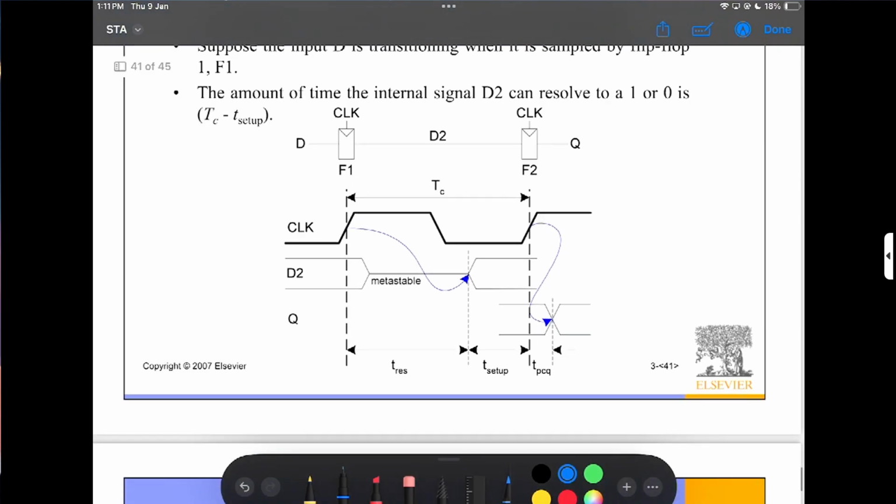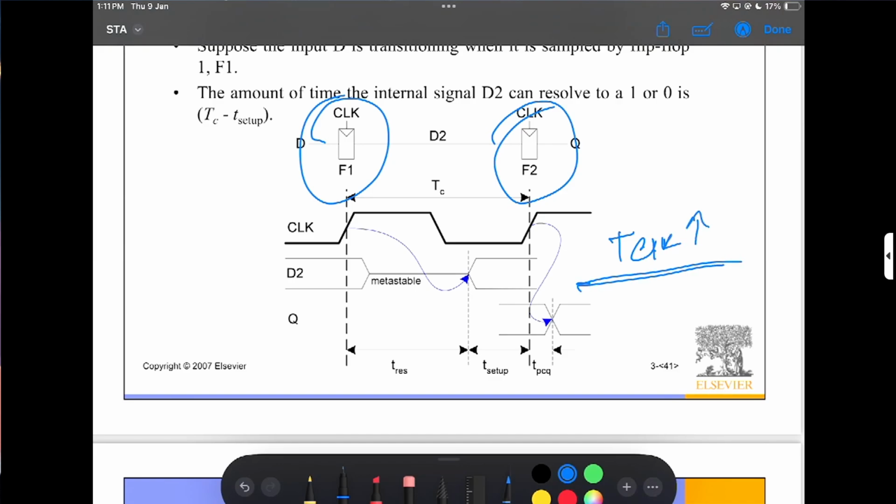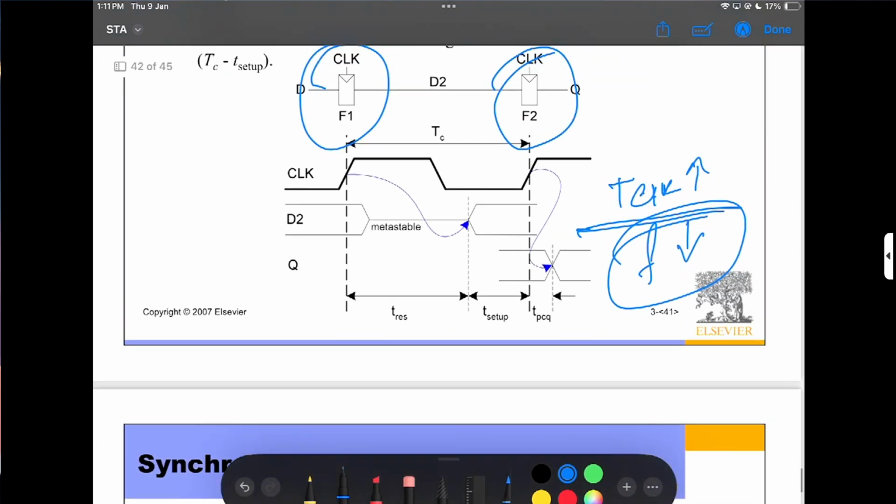As I already told, for a synchronizer, two flip-flops are extra, and maximum it will be 3. More than that it will not be that effective because my T clock is increasing. If T clock increases, frequency decreases, and my circuit will operate at a very low frequency and not at that much speed.